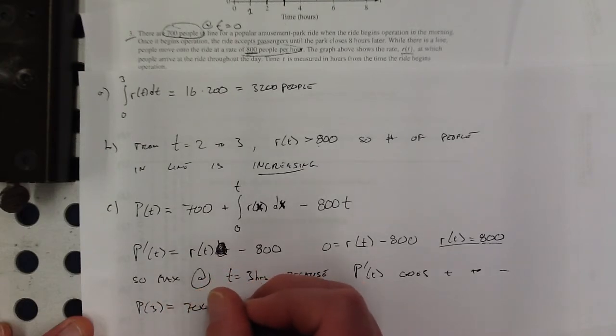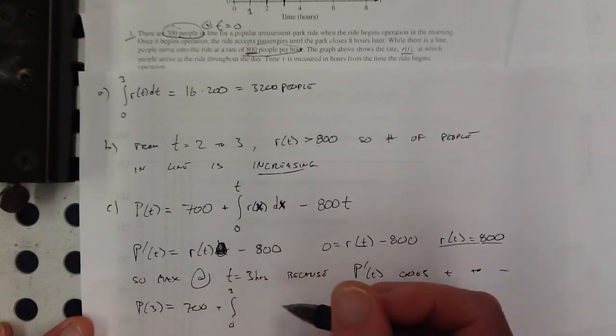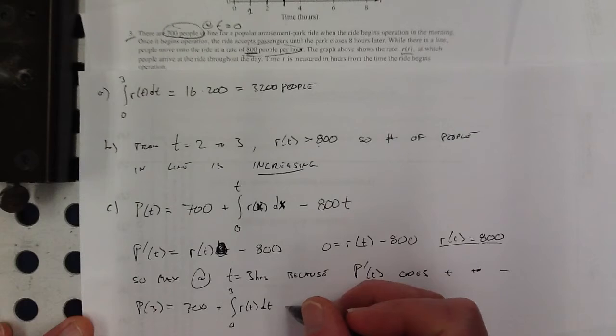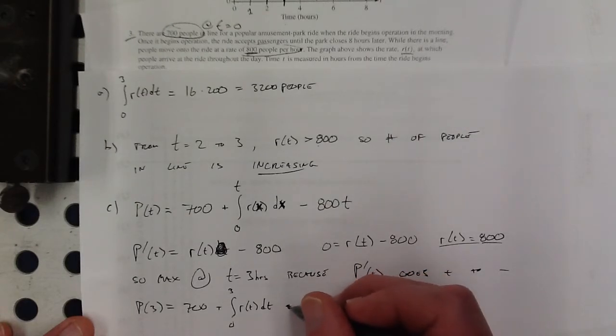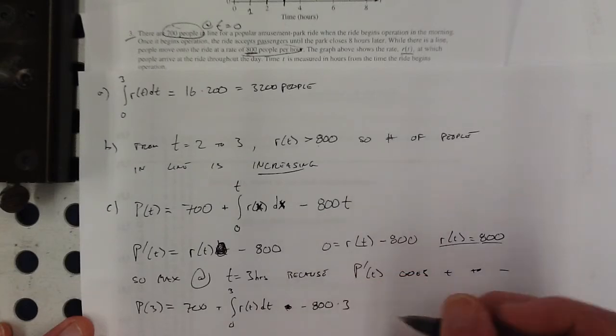So that's 700, plus the area from 0 to 3, which I think we already found in part A, and minus 800 times 3.